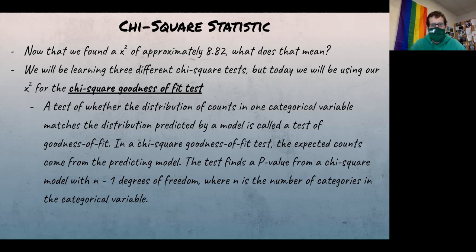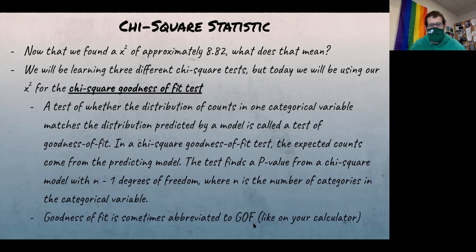So in a chi-square goodness of fit test, the expected counts come from the predicting model, and the test finds a p-value from a chi-square model with n minus 1 degrees of freedom, where n is the number of categories in the categorical variable. I think I found this description maybe from the textbook and copied it down, but anyways, this has all the essential information in it. But we're going to break it down more.